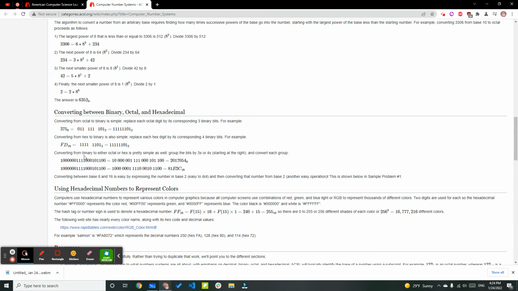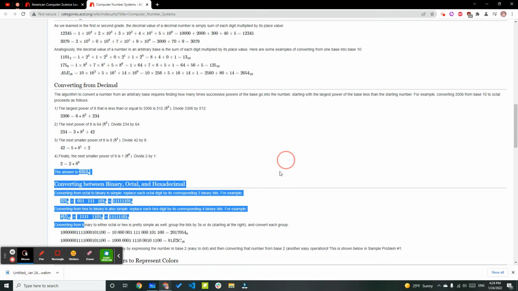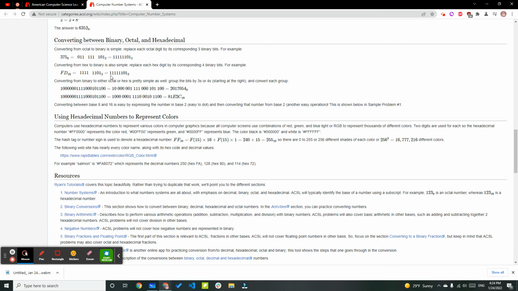Converting binary to hex or octal means you group the bits by 3s or 4s and convert each group. As you see here, if you're converting to octal, you start from the end and group them by 3s and just convert them.